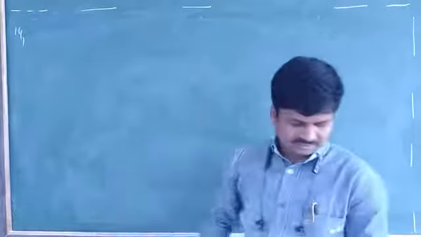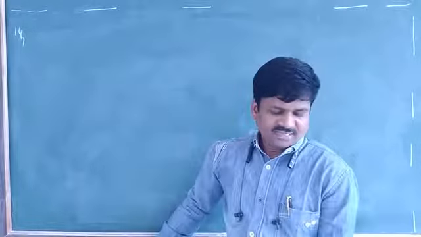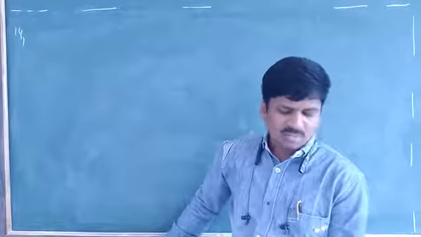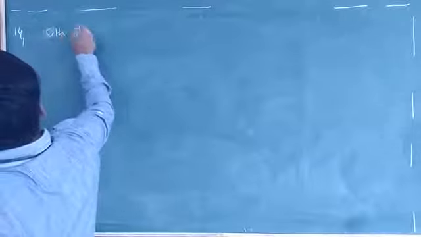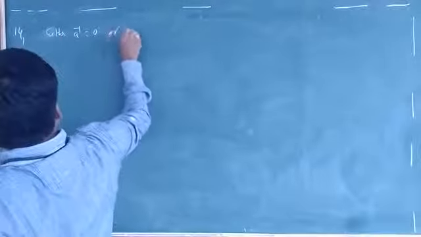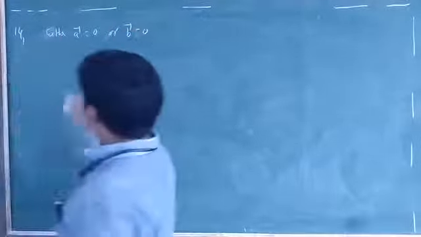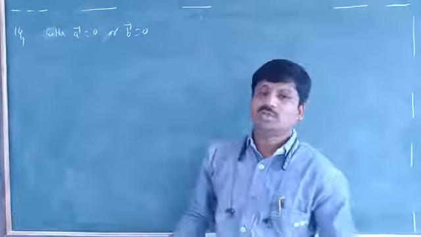Next, come to question number 14. What is given here? Either vector A bar is equal to 0 or B bar is equal to 0, that means any one of the vectors is a 0 vector.